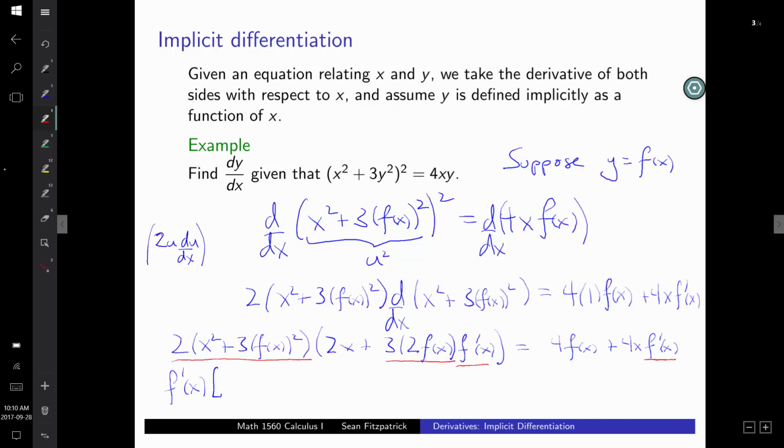So what do I have? I have 3 times 2, which is 6, times f of x. Let me combine things here. So 3 times 2 times 2 is 12. You guys can write everything out carefully, double check my algebra, make sure that you're convinced, and fill in the steps on your own.